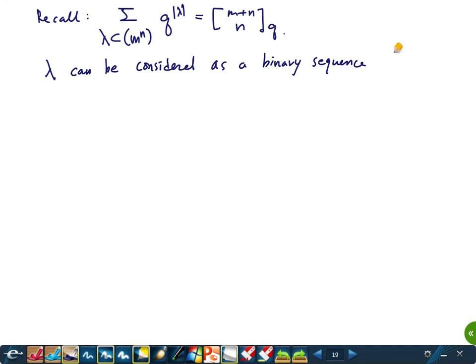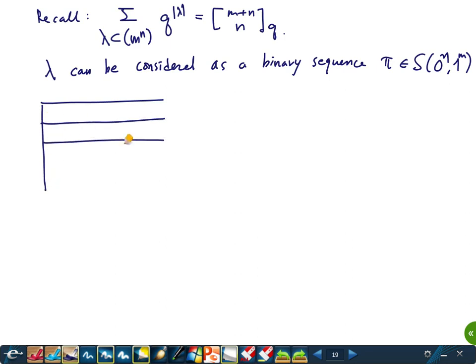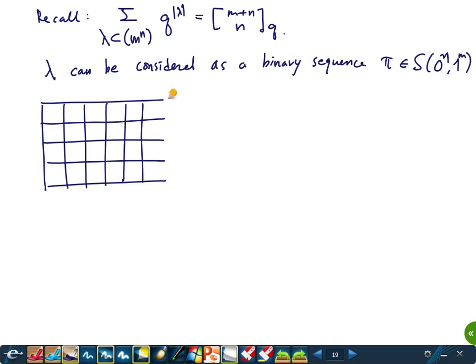A binary sequence means a permutation of zeros and ones, say pi in S of the multiset of n zeros and m ones. So for example, if the permutation is like this, this is a partition. You look at this part, right? This is your partition lambda.